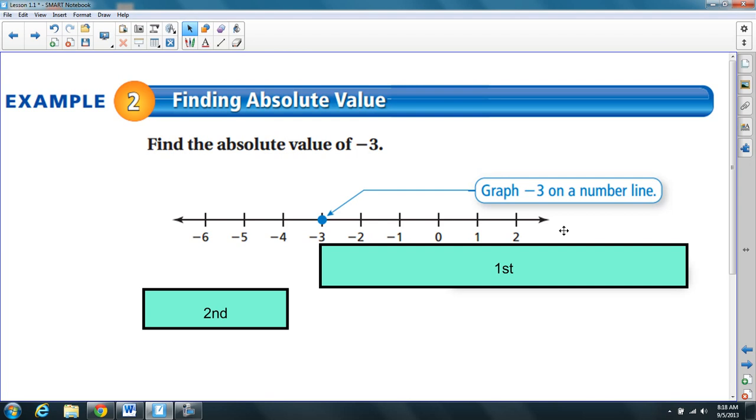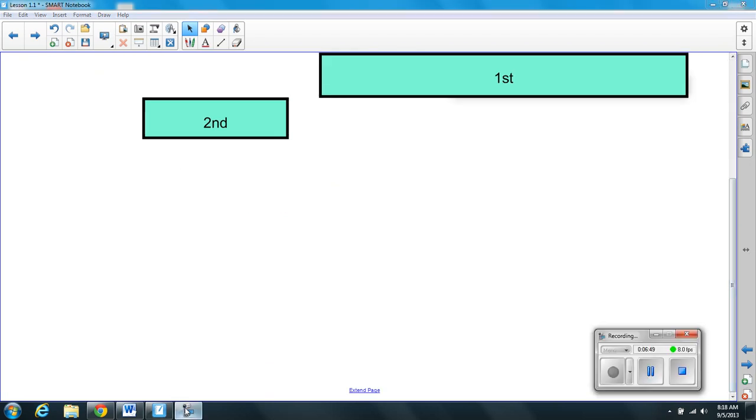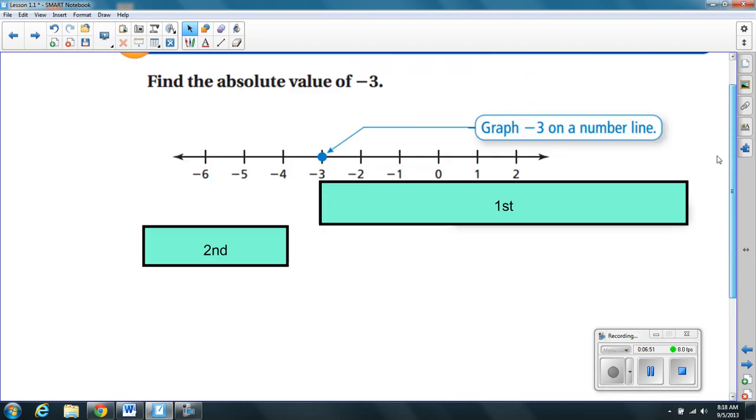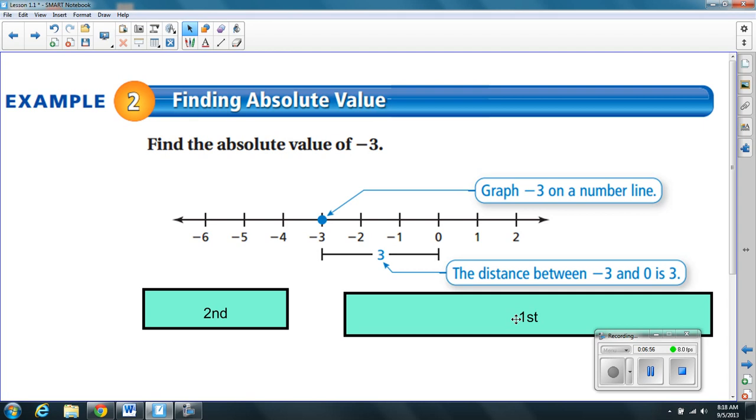What is the absolute value of -3? Draw yourself a little number line. You don't have to go down to negative. You don't have to make it this big. Just make sure -3 is part of your number line. So let's find the distance between -3 and 0. So from -3, we are 1, 2, 3 units away.